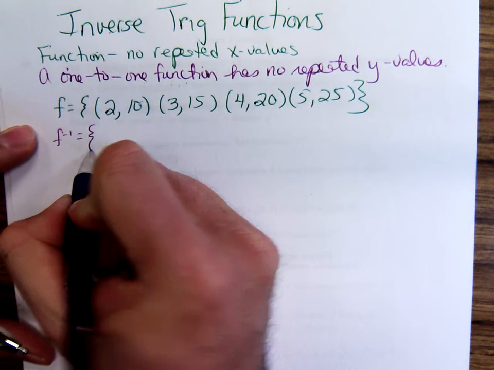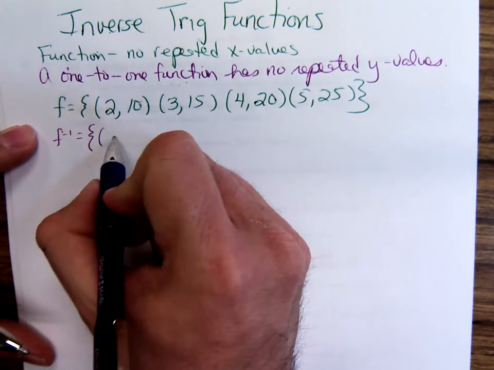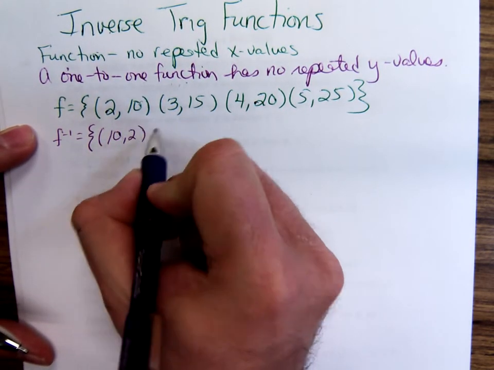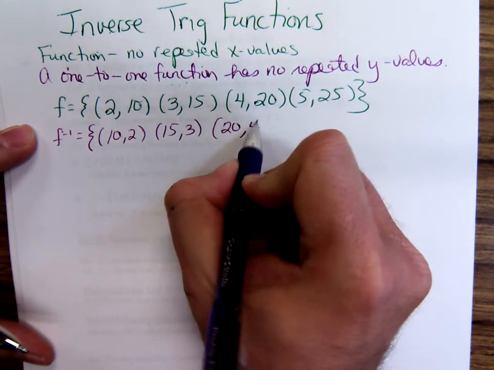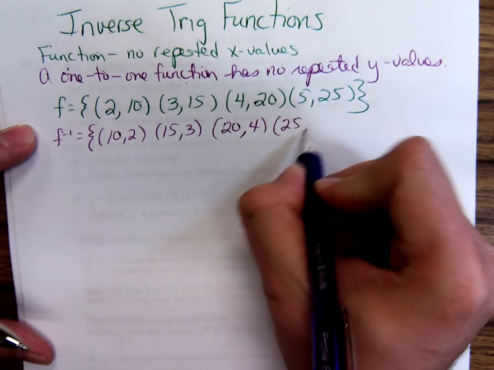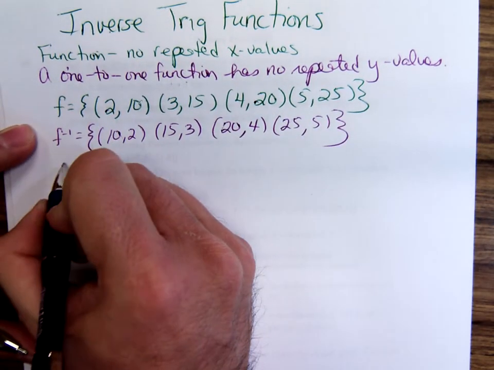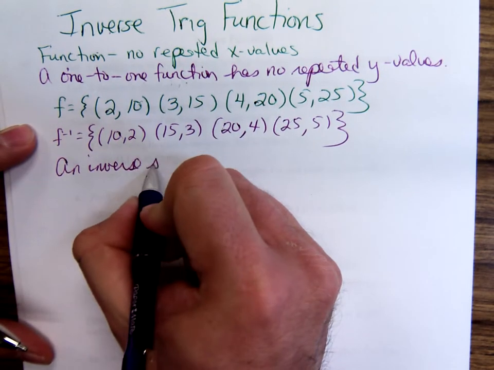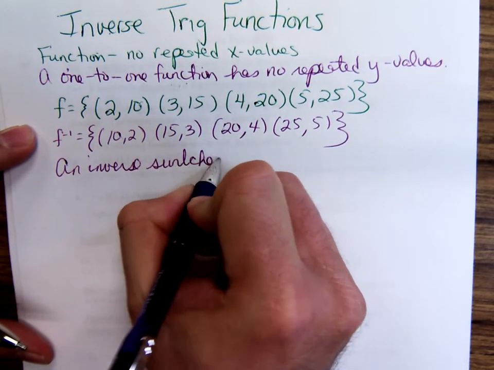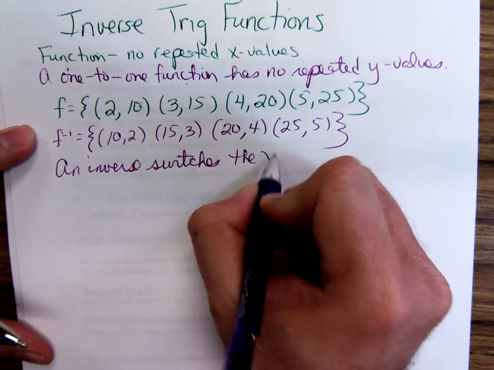That's what an inverse does. It switches the x and y's. And this is how we define it all in college algebra. An inverse switches the x and y values.